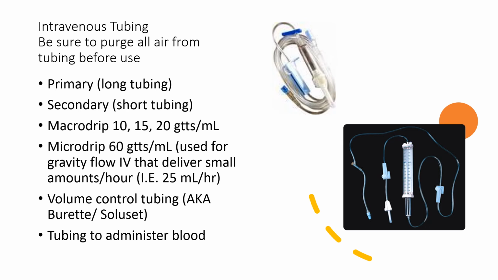Tubing for administration of blood, we will see that comes with a filter on it. And again, this is to filter out any particles within that blood before the blood reaches the patient. So it's a different type of tubing than we would use with just administering IV fluids. The important thing to remember is that with these tubings, when we choose it, we need to be sure to purge all air from the tubing before use.